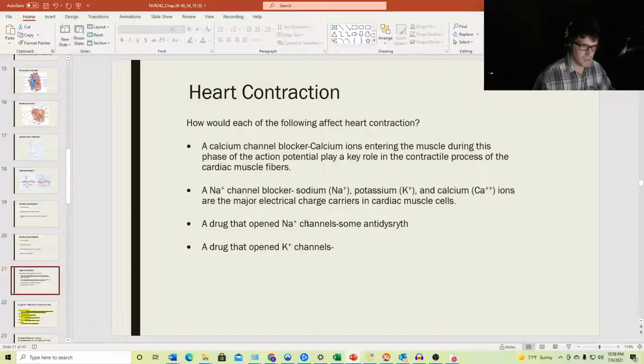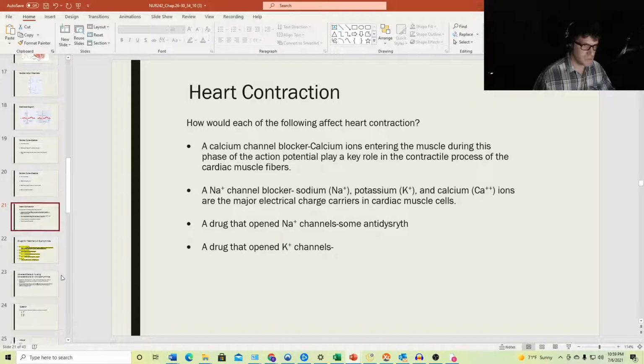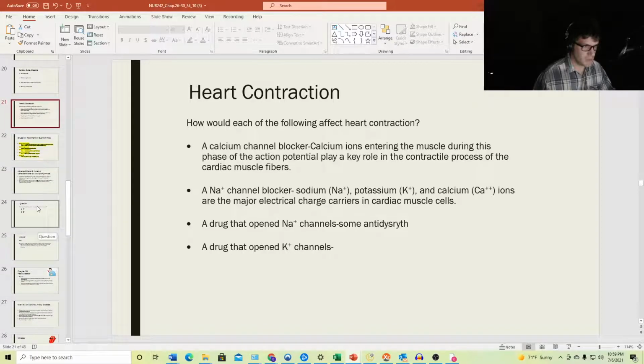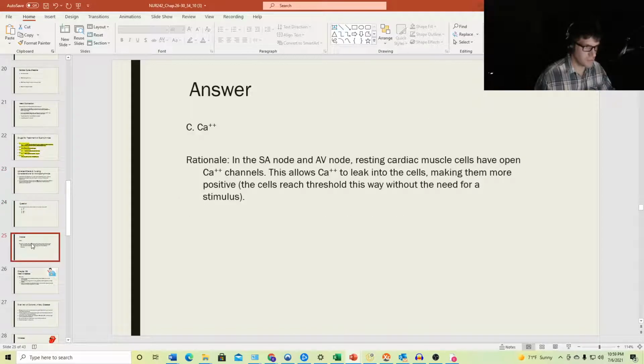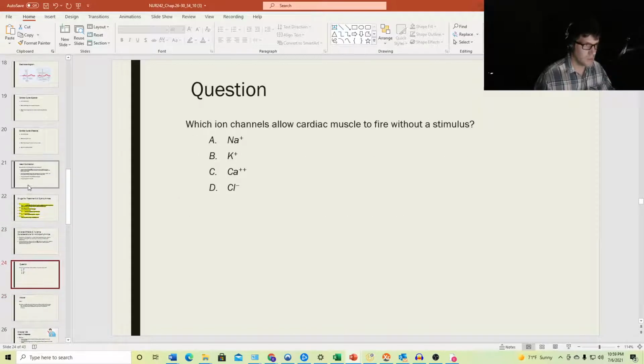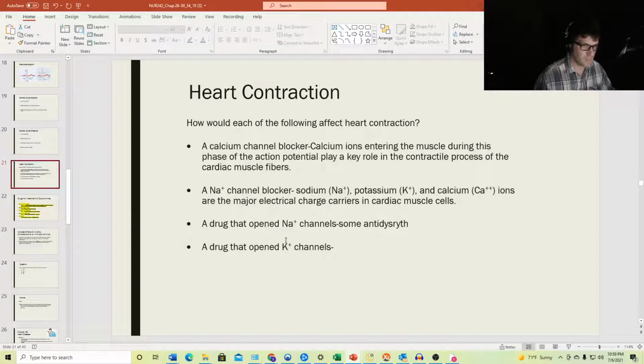A drug that opens sodium channels, and a drug that opens potassium channels. Oh, that's a question, no, that's not a question, that's later. Okay, so those are all things you have to think about.